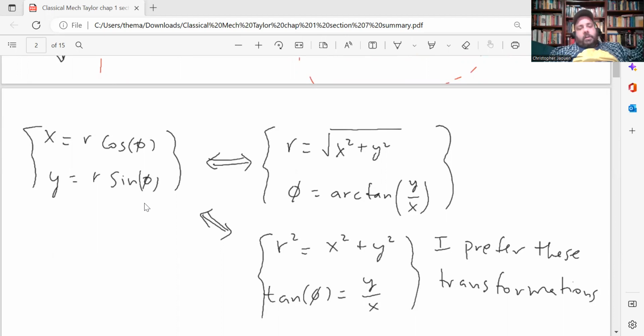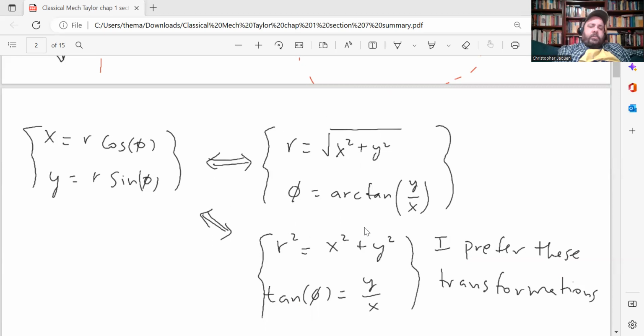Or if you know the Cartesian coordinates, then you can find one representation of the polar coordinates. There's actually an infinite number of representations for a single geometric point in polar coordinates because of periodicity. So the formulas that he gives in the book are these two: r equals square root of x squared plus y squared, phi equals arctan of y over x.